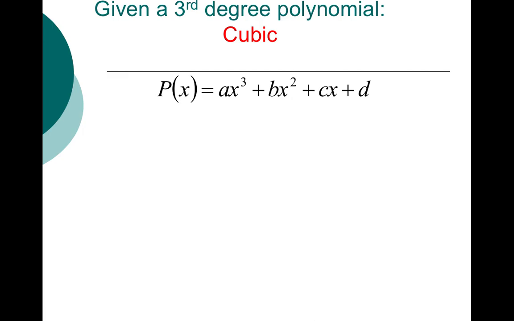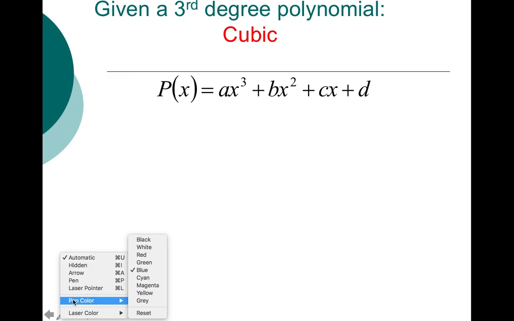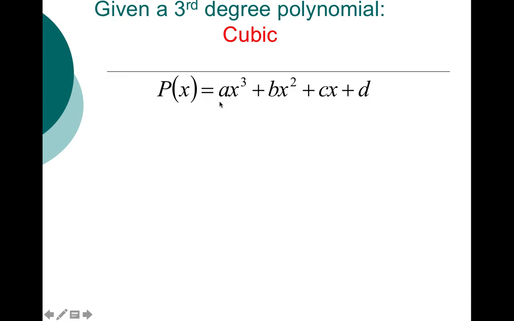So here is a general cubic polynomial, right? The dilation factor is a. The coefficient of the linear term. The coefficient of the squared and the linear term help determine where you've shifted right and left, and affect whether you have extrema or not.